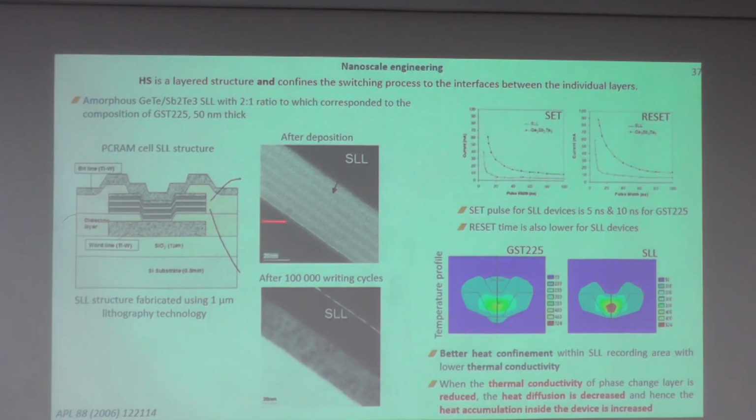Using the same setup, the authors achieved a crystallization time in the range of 10 nanoseconds. So you see the crystallization time is reduced by 2 times. This was the first publication in this direction on superlattices.